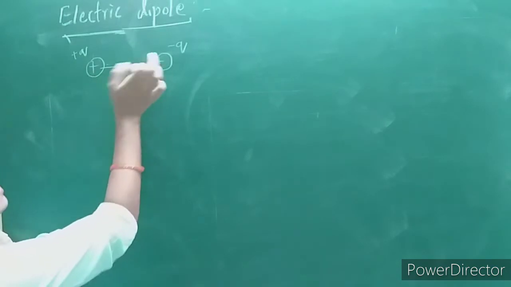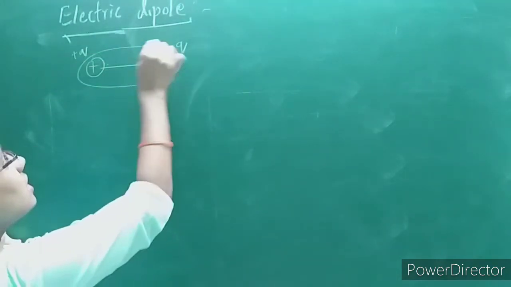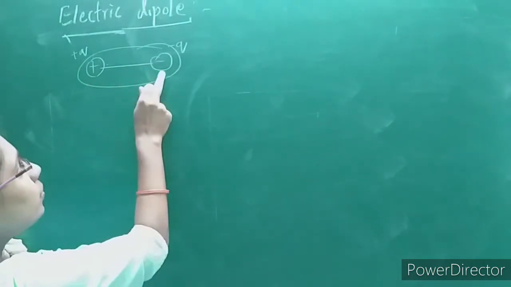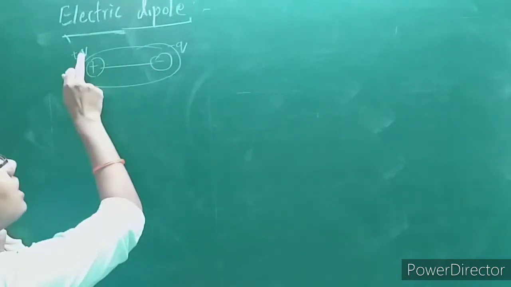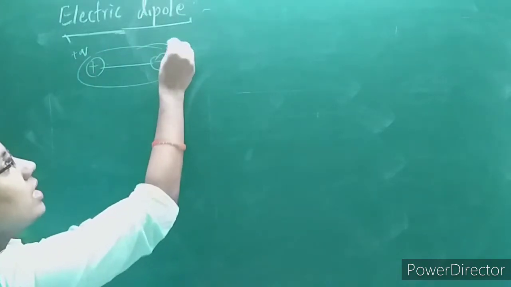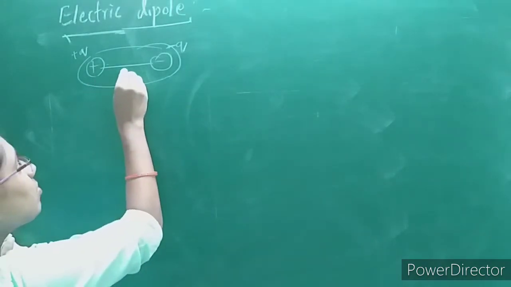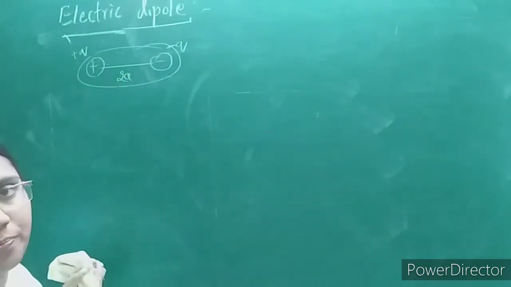That is called an electric dipole. Did you get this? Electric dipole is a set of two charges which are equal in magnitude but opposite in kind. Okay, and those two charges are separated by a small distance.